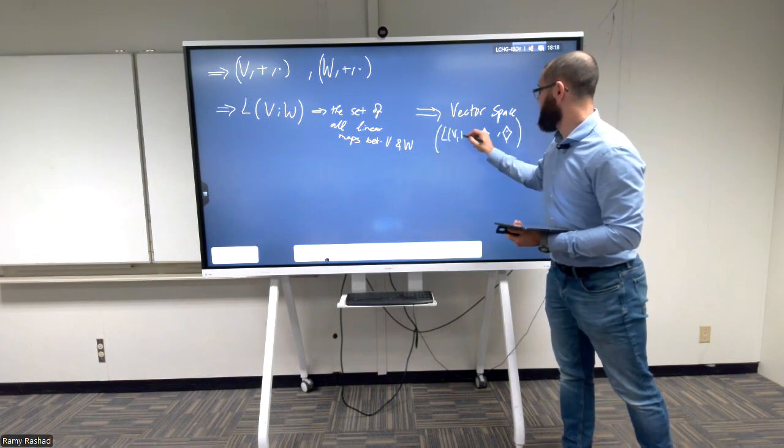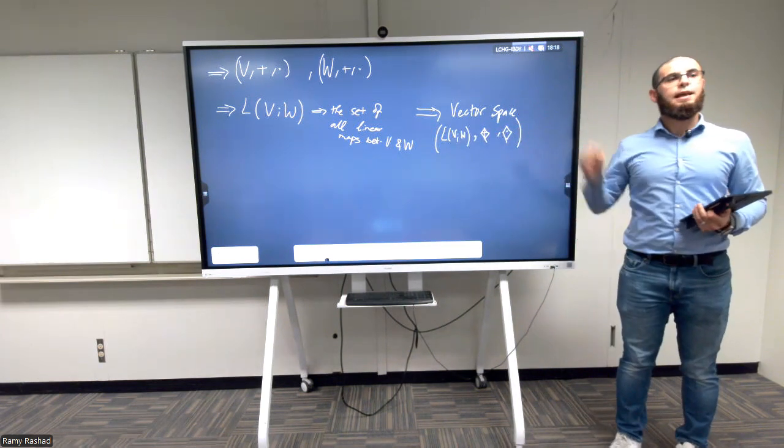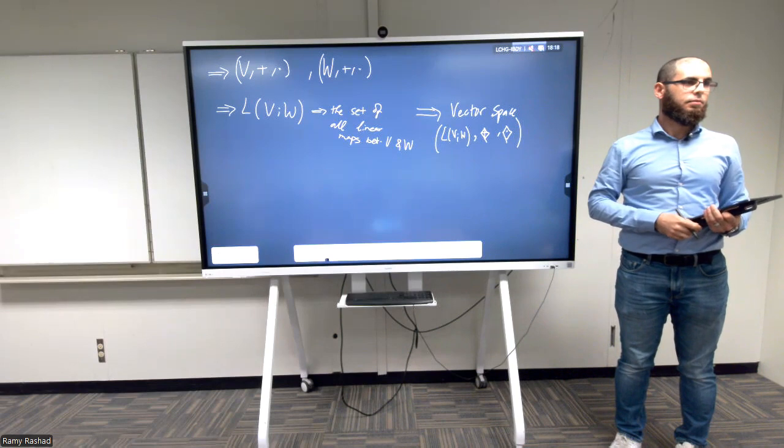So L(V, W), with these two operations, can be made into a vector space.